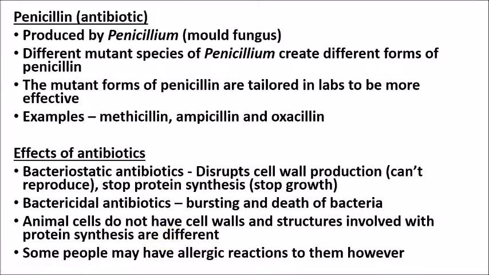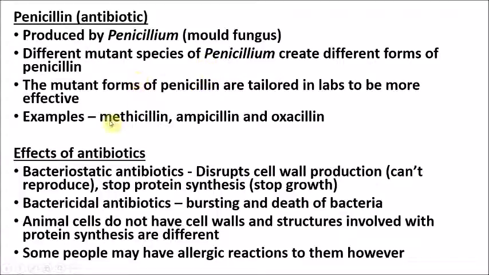So if you had different mutant species of that penicillium fungus, it could create a different strain of antibiotic, a different type. So what we can do is tailor the forms of penicillin that are made in labs to make them more effective.